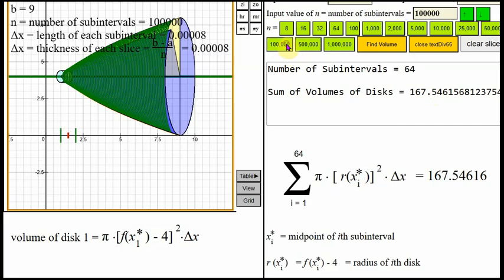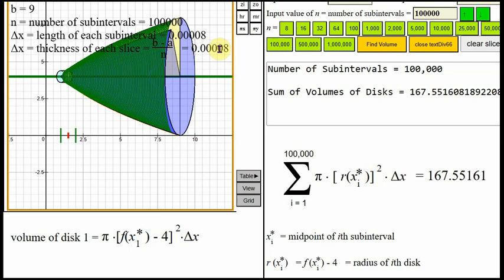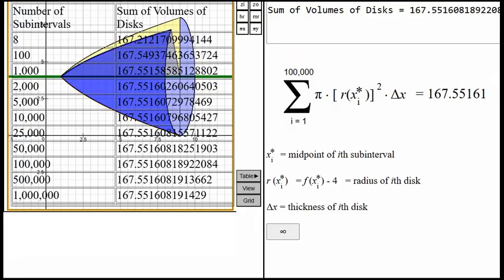And then if we divide the solid here into 100,000 slices, we can see that the thickness of each slice would just be 0.000808. And the volume of the 100,000 slices is going to be 167.5516. And then for 500,000 slices, the volume will be 167.551608.